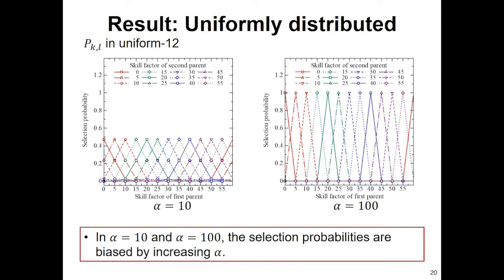Thus, as alpha increases, the probability of parent selection becomes more biased, and every objective function becomes more related to itself and less related to the other objective functions.